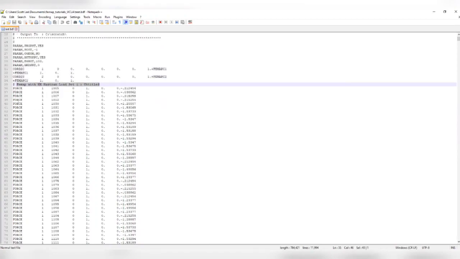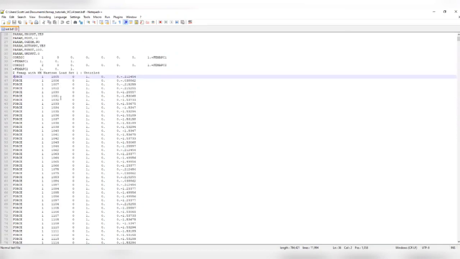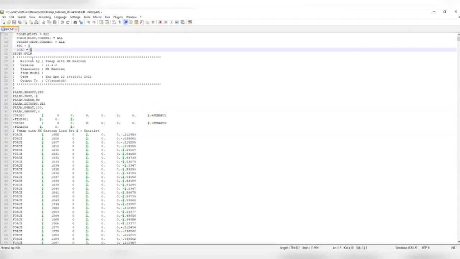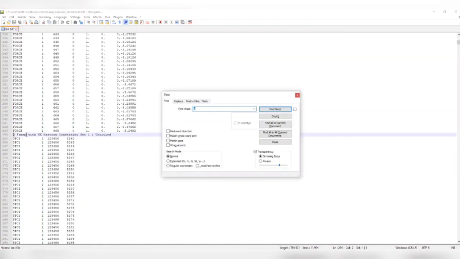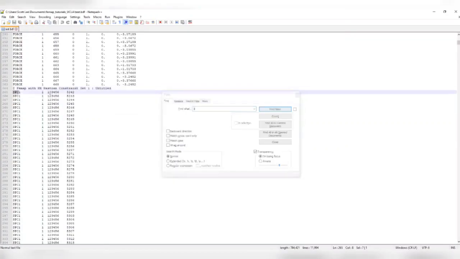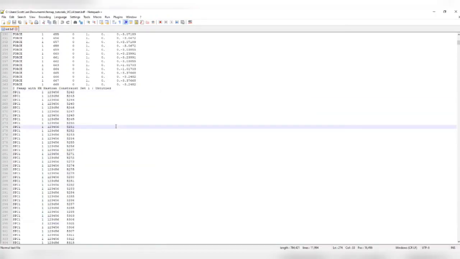And then here we have our force vectors applied on nodes, and it's called 1, and that's why this load is called 1. And if I go to SPCs, these are my constraints, 1, 2, 3, 4, 5, 6, along each of these nodes over here. These are the nodes that we're applying the SPCs on.